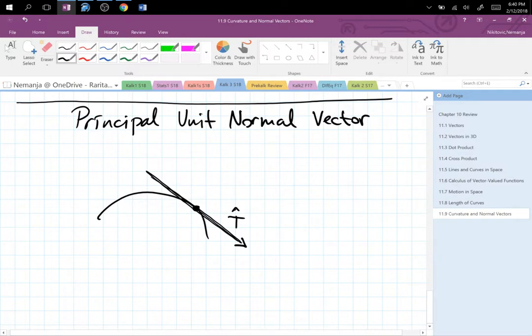Now remember that it was the derivative and it was perpendicular to the actual radius because this little curve piece in the neighborhood of the point is a part of the big circle that has a center somewhere.